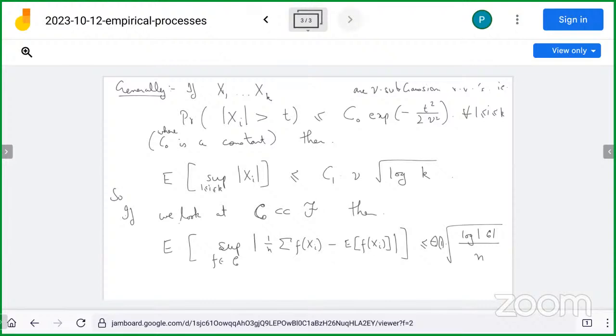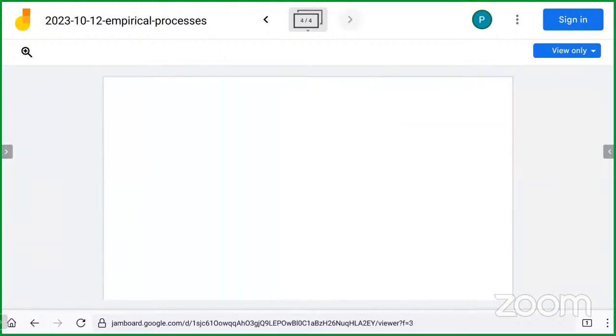So we should try to find a C such that every f in the class is somewhat close to some element. These things are called epsilon nets.